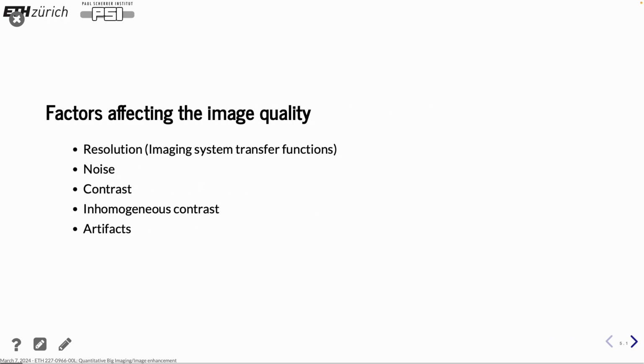I actually talked about that in the figure, but we have resolution, noise, contrast. That I didn't mention, that you can have more or less good contrast between different features in the image. And also that contrast in the image can be inhomogeneous thanks to fluctuations in the illumination.